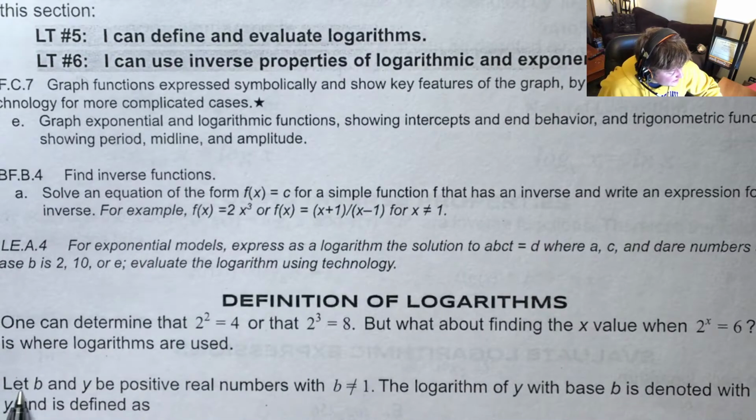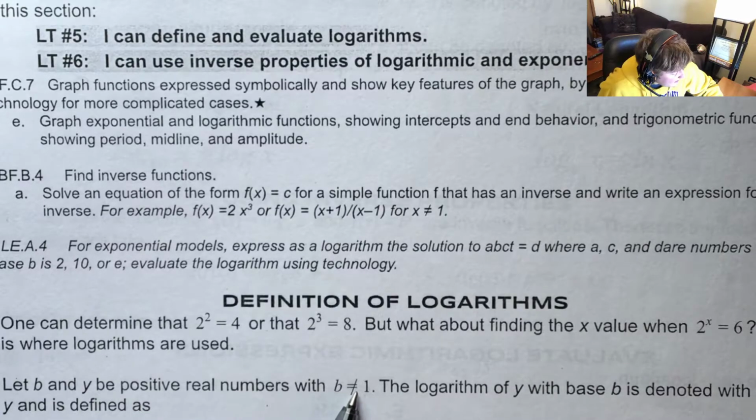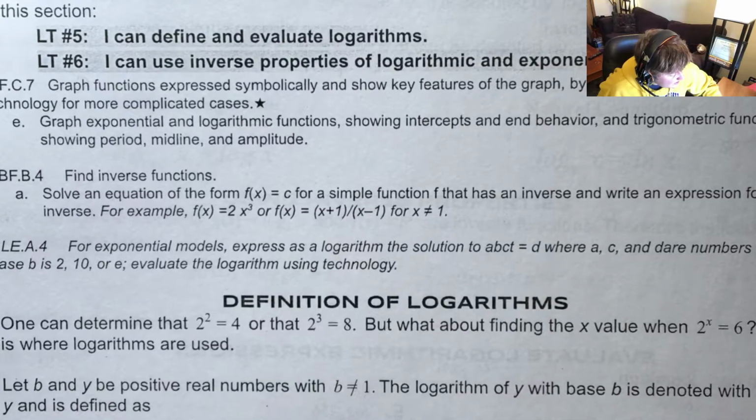Let b and y be positive real numbers, but b can't be equal to 1. The logarithm of y with base b is denoted by log base b of y.